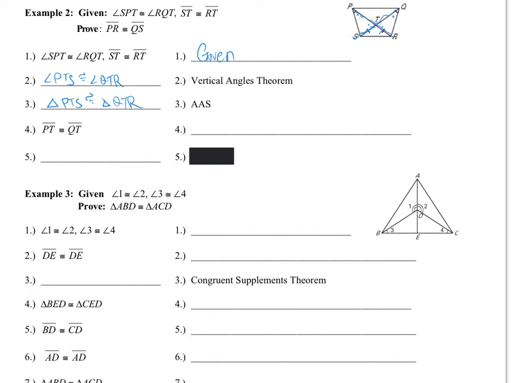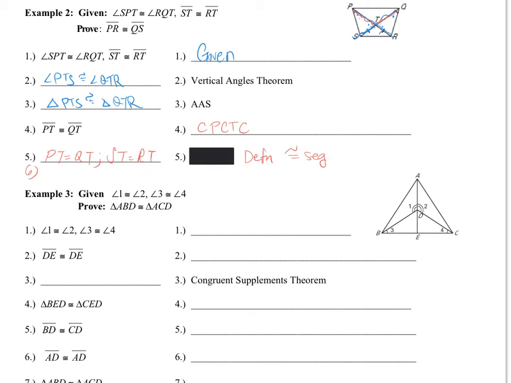So the next step, we have to state that PT is congruent to QT by CPCTC. Corresponding parts of congruent triangles are congruent, so that in the next step we can state PT equals QT and ST equals RT by definition of congruent segments.